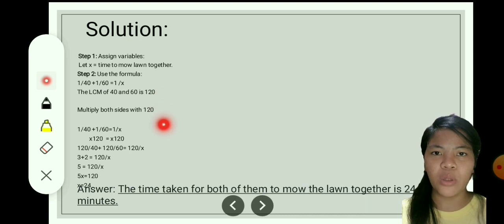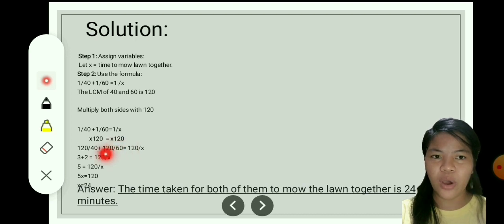Next is multiply both sides by 120, which results in 1 over 40 plus 1 over 60 is equal to 1 over x, times 120 is equal to x plus 120.